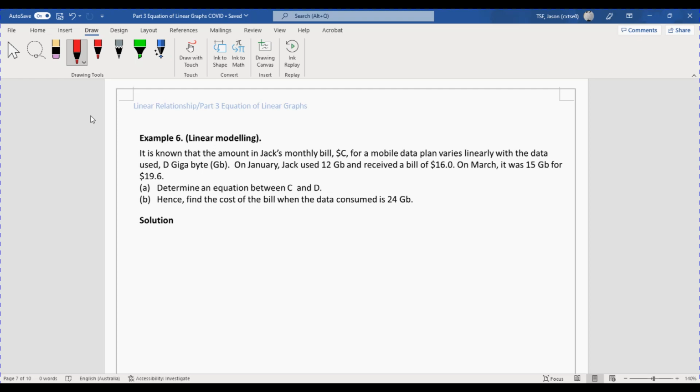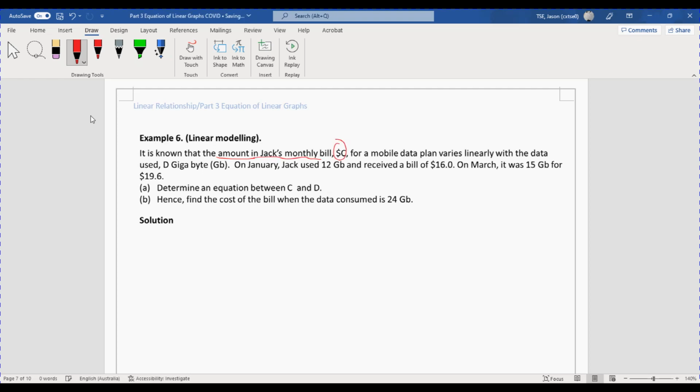It's known that the amount in Jack's monthly bill, $C, for mobile data. Okay, the first quantity is the amount in Jack's monthly bill. Monthly bill.